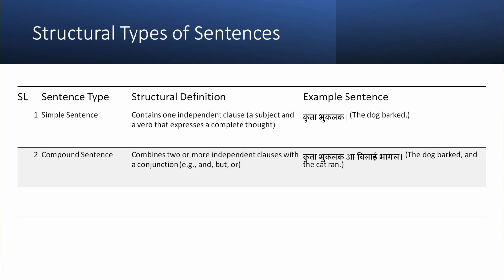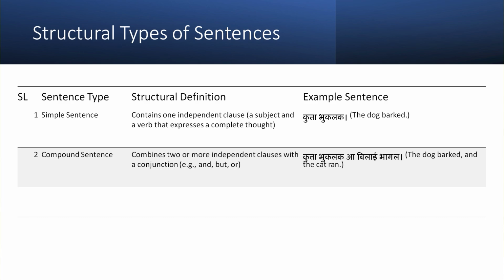Here you have two different clauses put together, and then it becomes a compound sentence. The same thing in Maithili would be "kutta bhuklak, a bilai bhagal". So, "a" is the conjunction and "bilai bhagal" is another clause. Two clauses put together make a compound sentence.